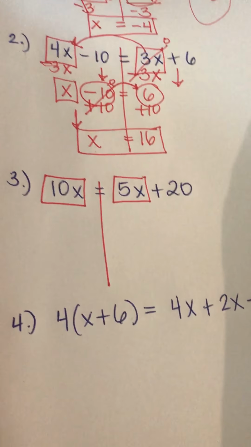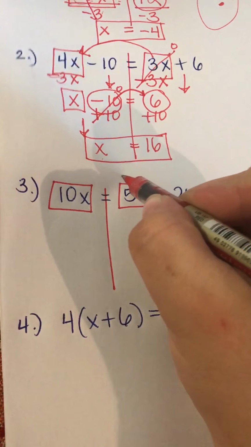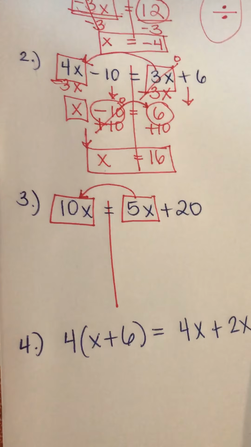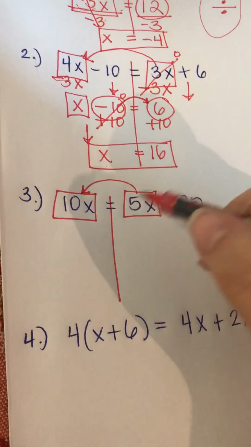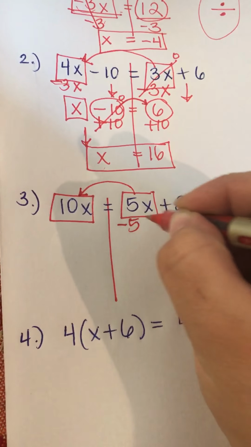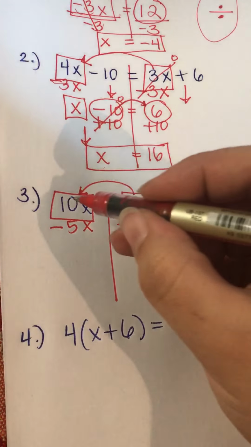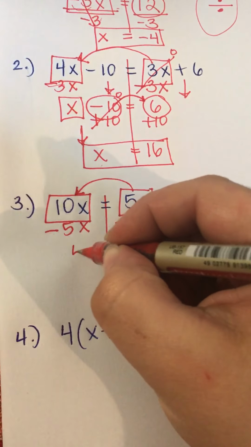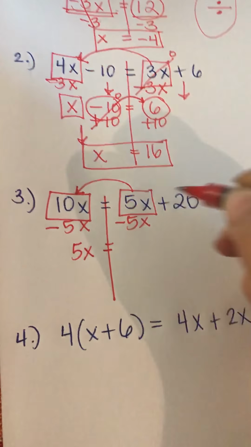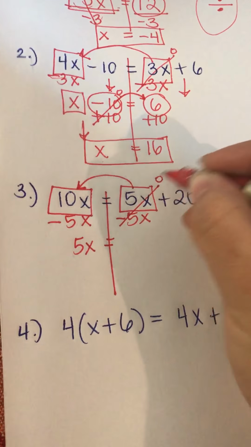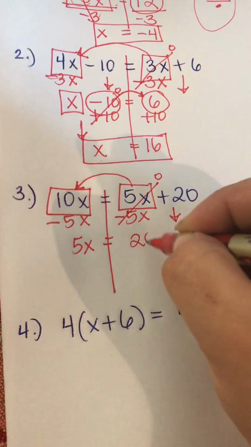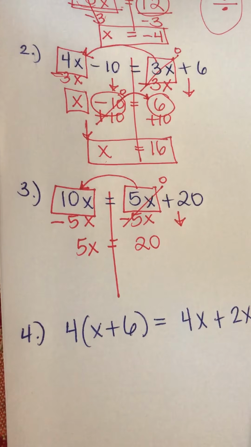It's not like the other 2. But this one I want to put with the other variable. It's positive, so I need to subtract 5x and subtract 5x. 10x minus 5x is 5x. 5x minus 5x is 0, and I still have 20 left.